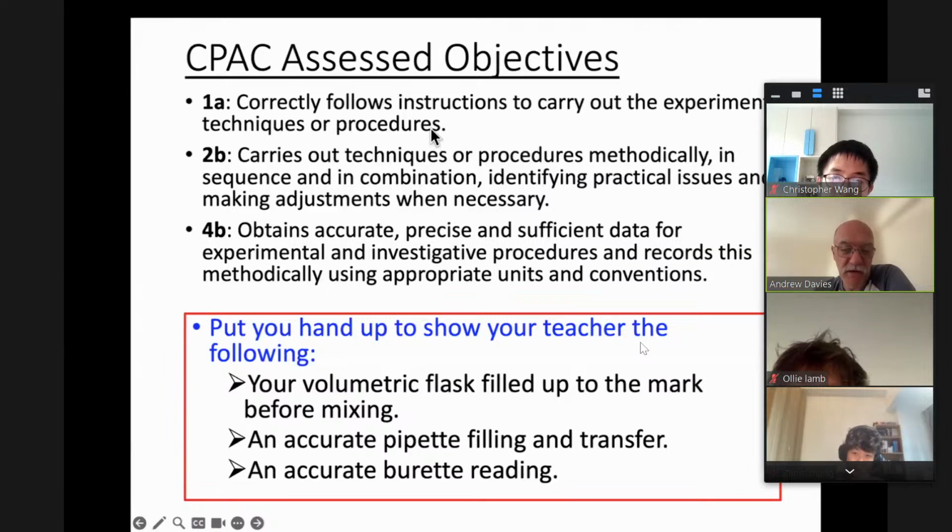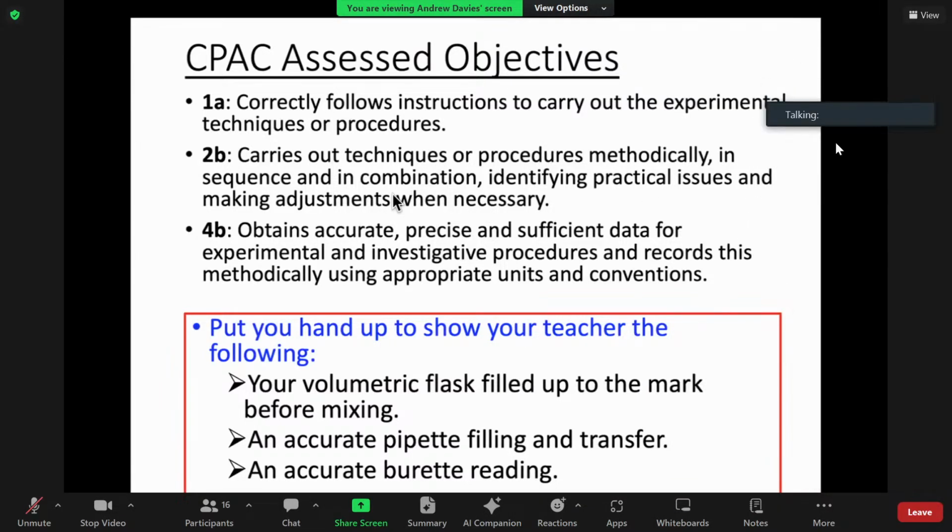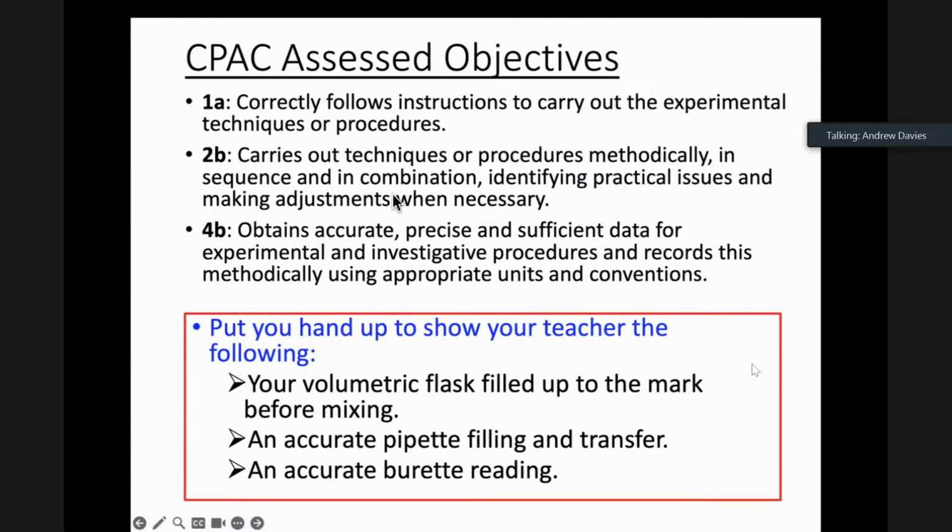Basically, can you follow instructions? Hopefully you should be fairly familiar with the processes. Can you identify any issues, since the method does not contain all the details, and ultimately, can you get some accurate and precise data, and sufficient data?